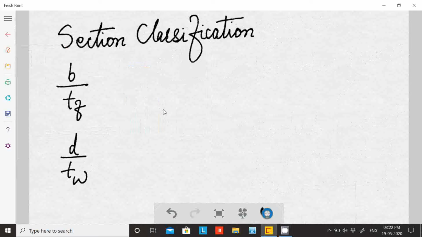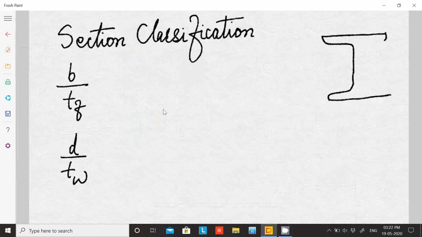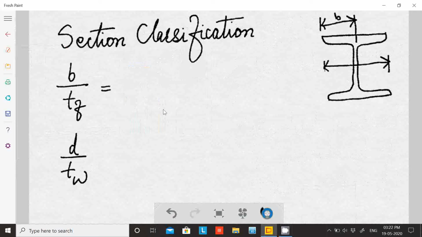Now if you look into the diagram, this b is half of width of flange. This is not this full width. So always keep that in mind.